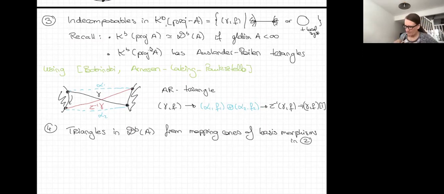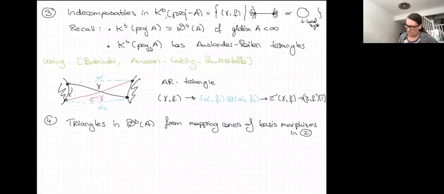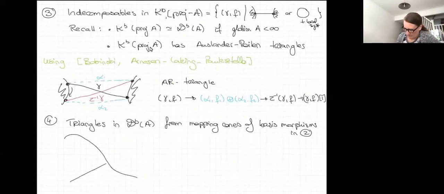Okay, so how does that work? Well, it corresponds to geometrically resolving the crossing, and that's also very similar to the cluster category.